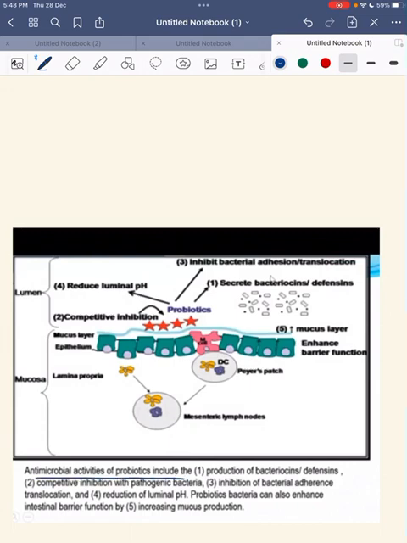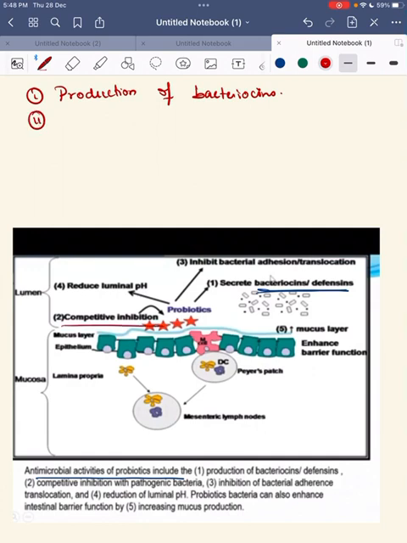First, the antimicrobial effects of probiotics. These include, first, production of bacteriocins.